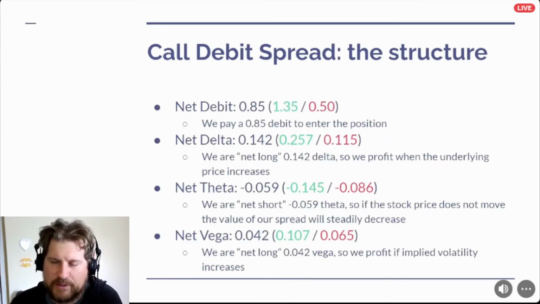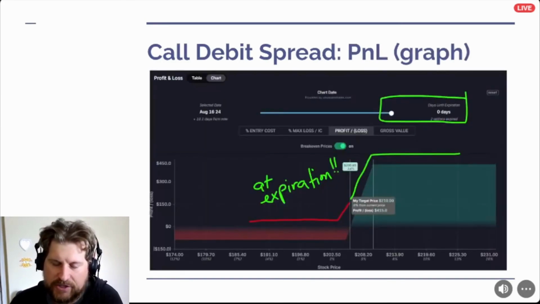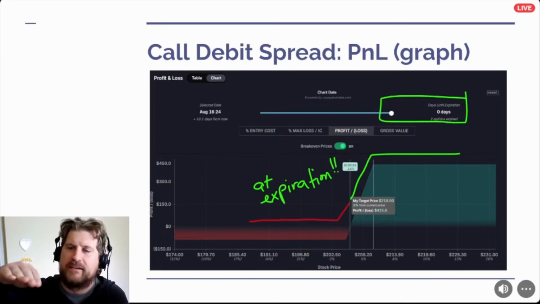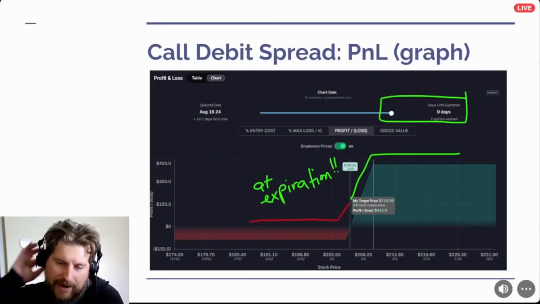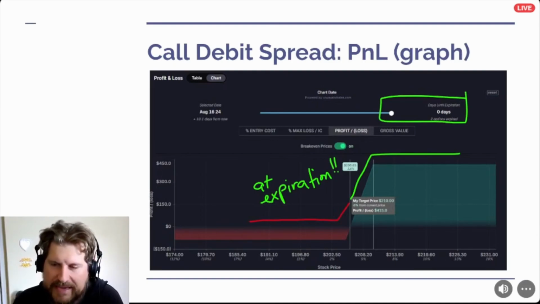So the call debit spread is bullish, just like buying a call outright. And the P&L graph of the call debit spread, once you get to expiration, is very binary compared to buying a call outright, because buying a call outright has a theoretically unlimited profit, whereas a call debit spread is going to have a capped profit.